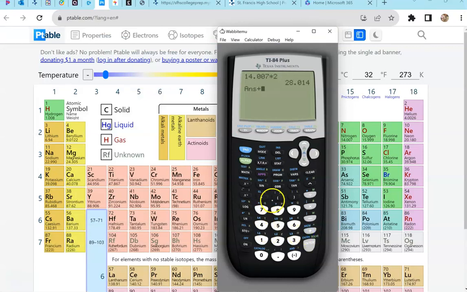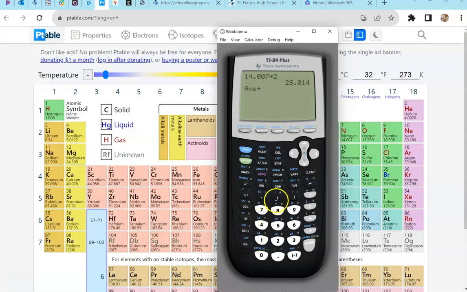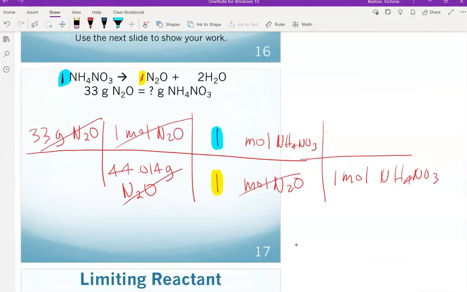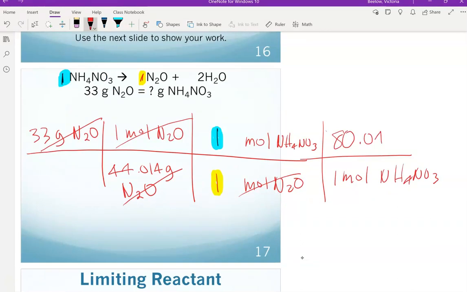Plus we have H4, so that's hydrogen: plus 1.008 times 4. Plus our last element is oxygen. There's 3 of those, so 3 times 16. So my molar mass is 80.046. So 80.046 grams of NH4NO3.